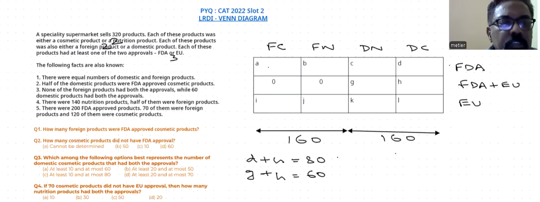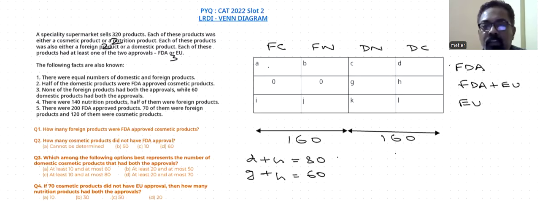Next information is there were 140 nutrition products. 140 nutrition products means second column and third column. These are nutrition products and these sum up to 140. And half of them were foreign products, meaning there we'll have 70 foreign nutrition products.